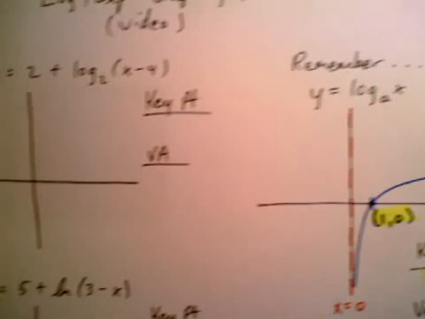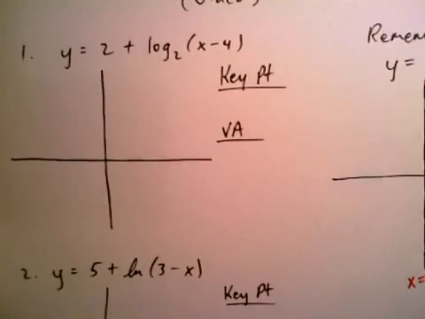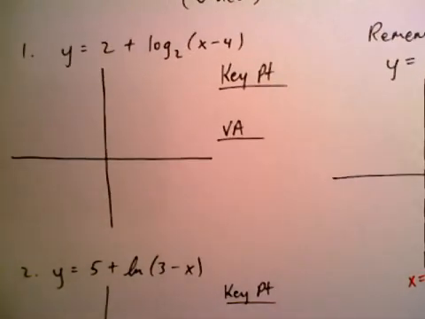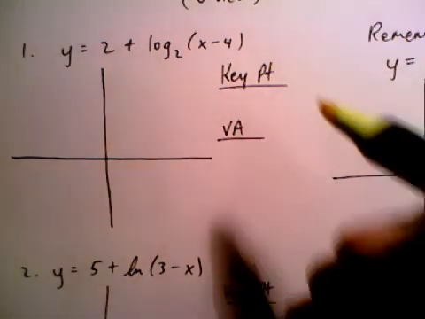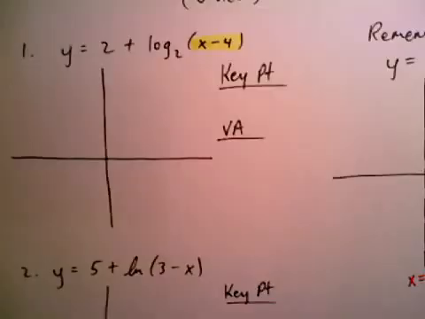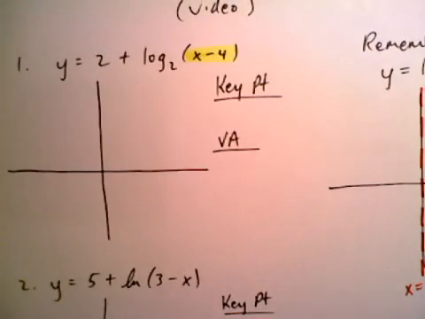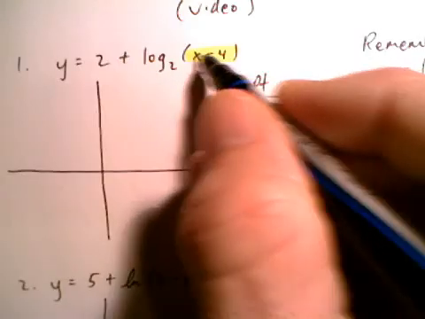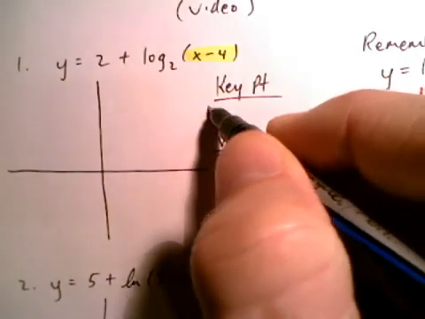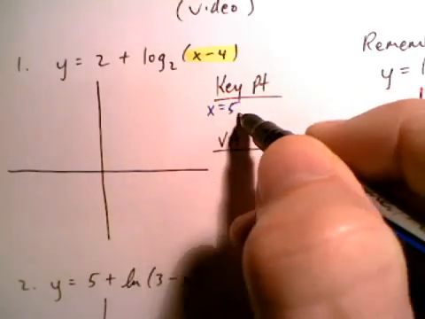So if you look at this equation over here, we notice that the argument is actually x minus 4. So what x will make the argument equal to 1? Well, the x that makes this argument equal to 1 is x equals 5.